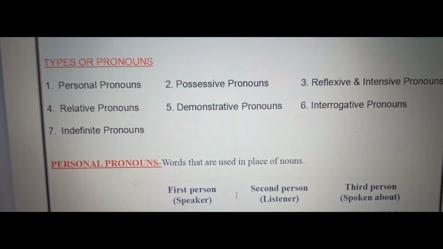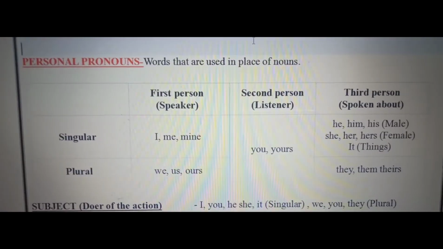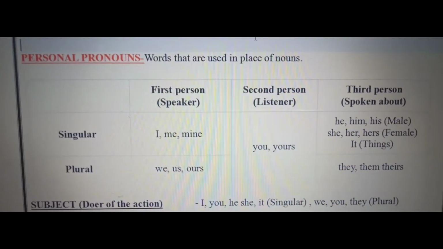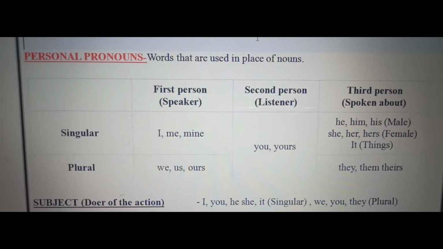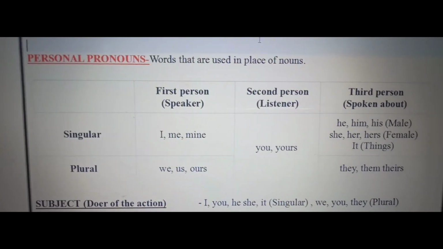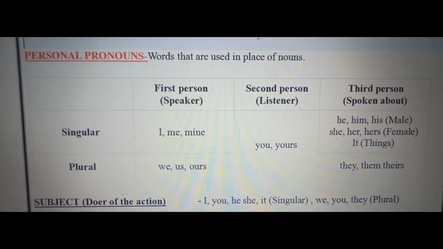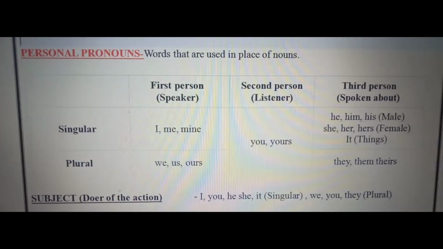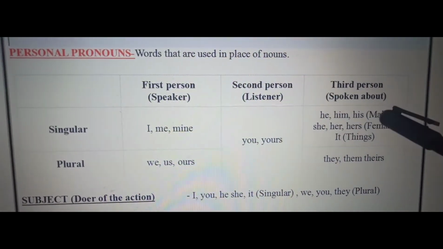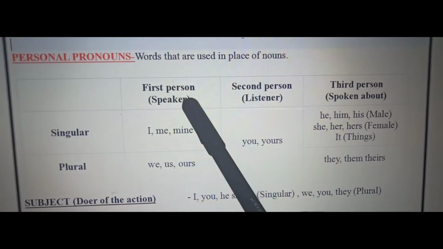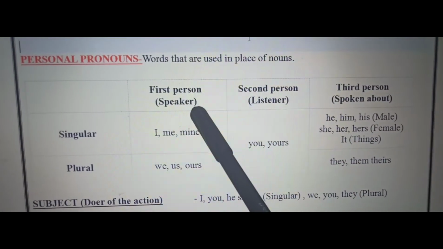So what are personal pronouns? Personal pronouns are the words which are used in place of a noun, right? Before I tell you more, let's have a look at the table given over here. As we have read earlier, in pronouns there are 3 persons. The first person is the person who is speaking, that is the speaker.